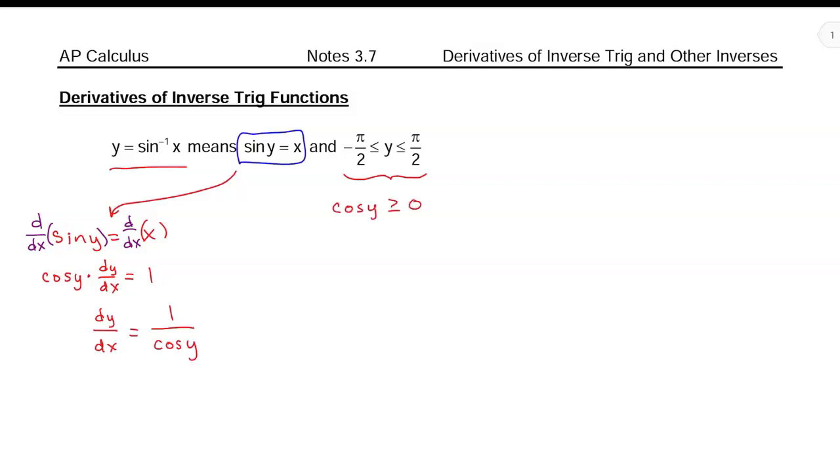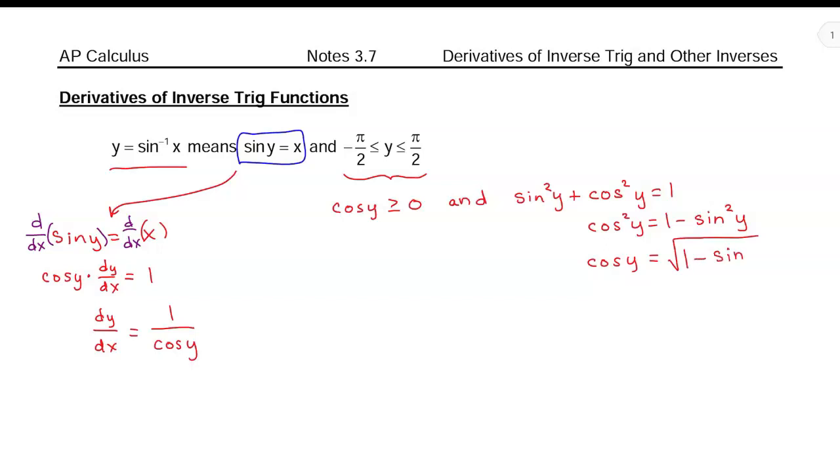We know it's positive, and I'm going to bring in a little fact you should remember, and that is sine squared plus cosine squared equals 1. I'm going to manipulate that equation to try and use it. So here I'm getting the expression cosine y, and I know it's going to be positive. I already established that. So cosine y equals the square root of 1 minus sine squared y.